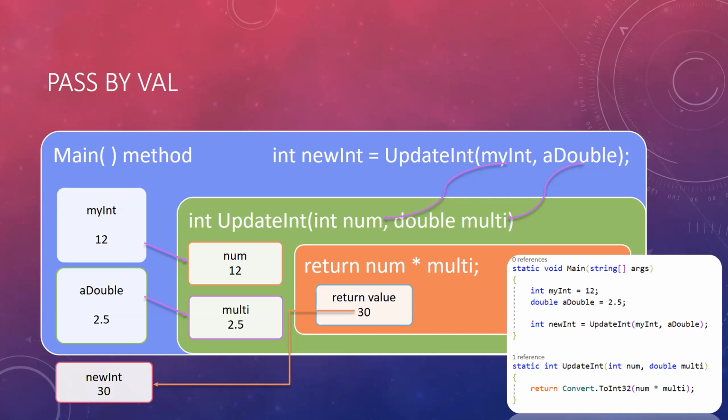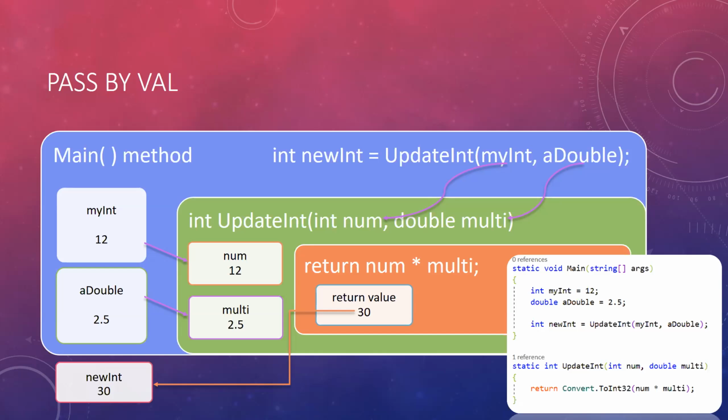It declares an integer named newInt. newInt is initialized with the value returned by the updateInt method. The updateInt method requires two parameters, an integer and a double.